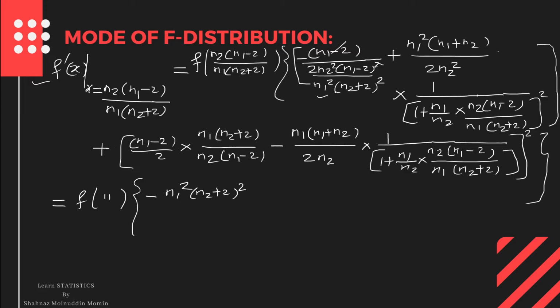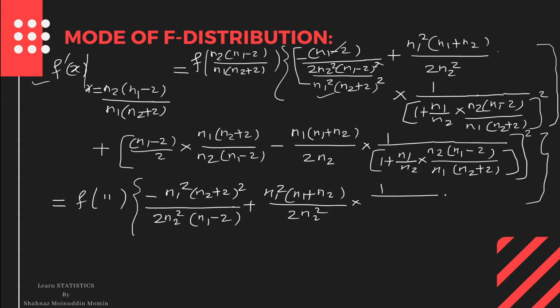This term moves into the numerator, divided by 2n2 square into n1 minus 2, since one bracket gets cancelled. Further, n1 square n1 plus n2 by 2n2 square into 1 upon, here see in the bracket n2 and n2 cancel, this n1 and n1 cancel.